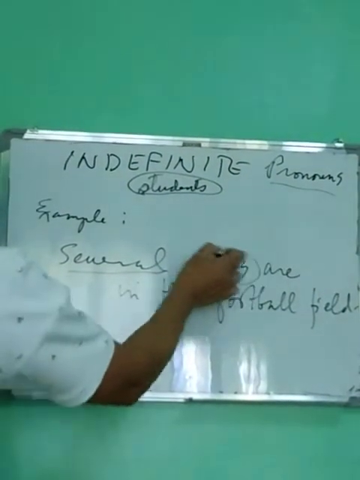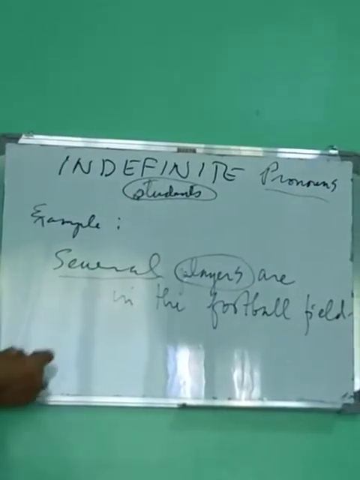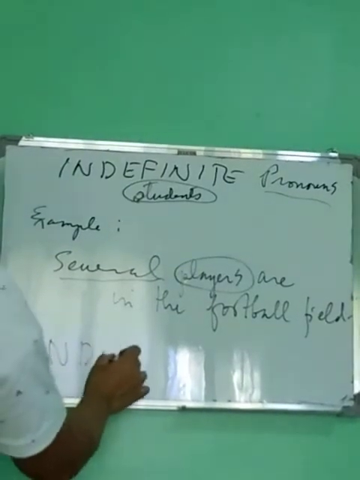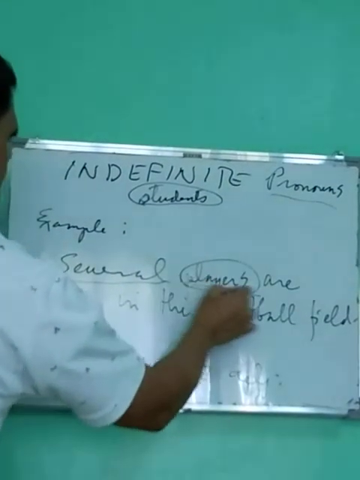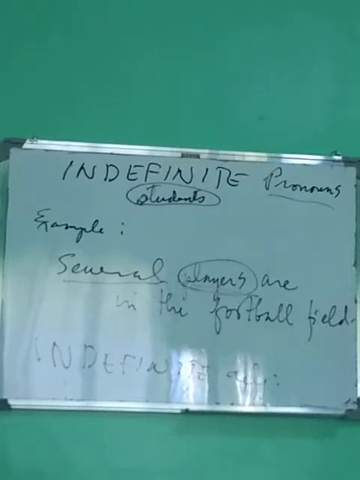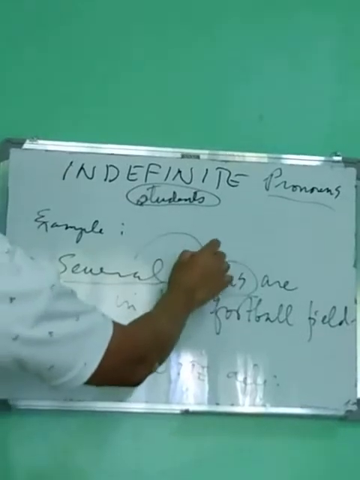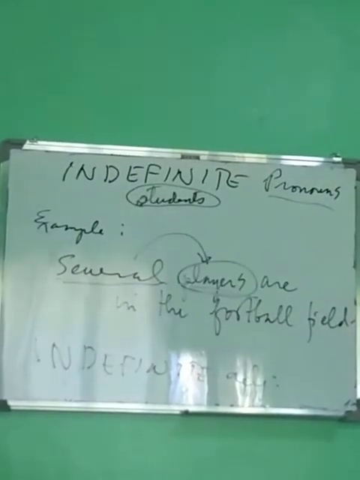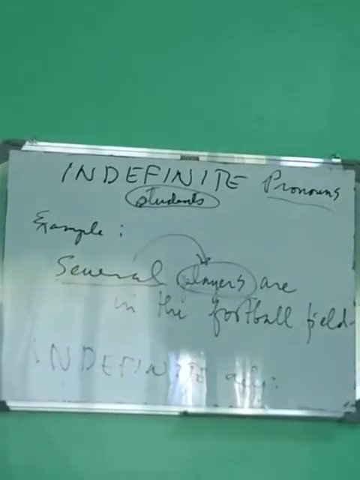But because it is followed by a noun, so this several is no longer an indefinite pronoun, but it is now an indefinite adjective. Now, it is now converted into an indefinite adjective because it is followed by a noun. So, in short, it is an indefinite adjective. The word several describes further your subject or your noun. Okay? So, there is a noun that follows, it is now converted into an indefinite adjective describing the subject or adding information to your subject.